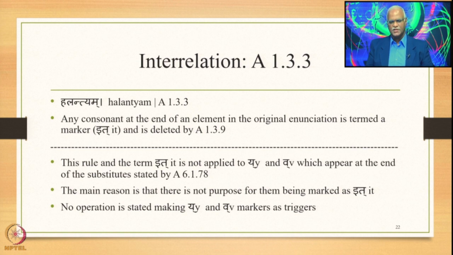No operation is stated making ya and va markers as triggers. So there is no point in giving them the it samjna and therefore deleting them. This is an explanation offered by the later Paninian grammatical tradition. This is the interrelation between halantyam and echo yavayavaha.